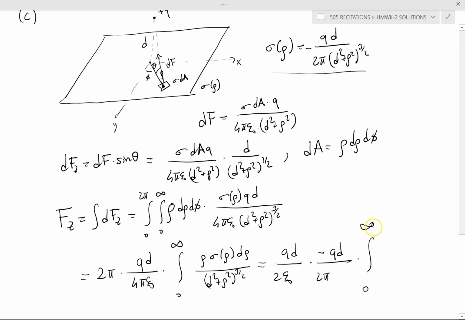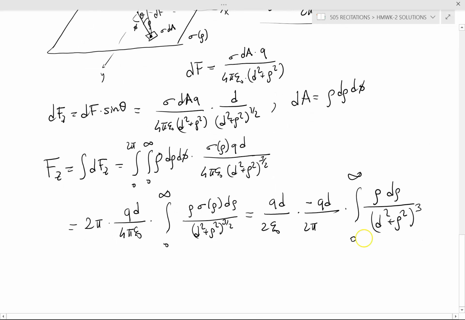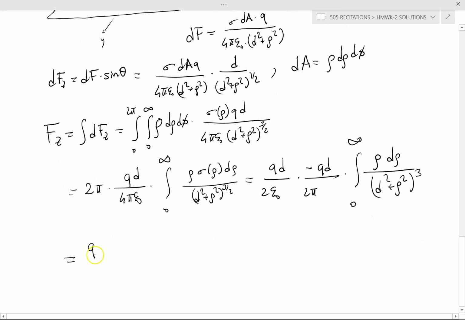So now the integral from 0 to infinity of rho d rho divided by (d² + ρ²) to the power of, I'm sorry, not 6, it should be 3. Then q² d² over 4πε0.